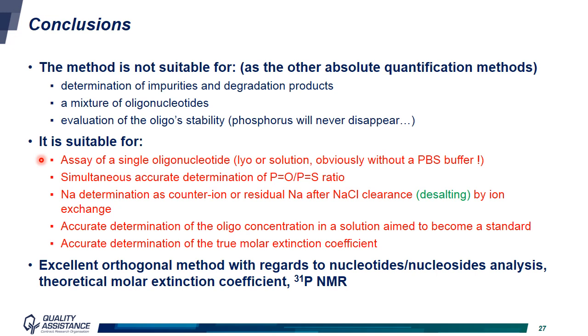It's quite suitable for the sodium determination as a counter-ion, or also for the residual sodium chloride after desalting by ion exchange. It can be used for the accurate determination of the oligo concentration in a solution aimed to become a standard. And finally, for the accurate determination of the true molar extinction coefficient.